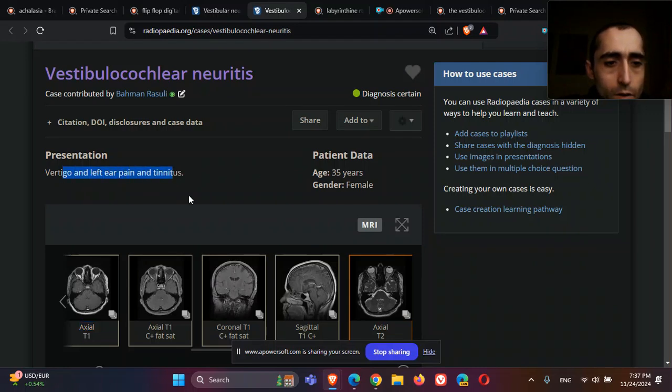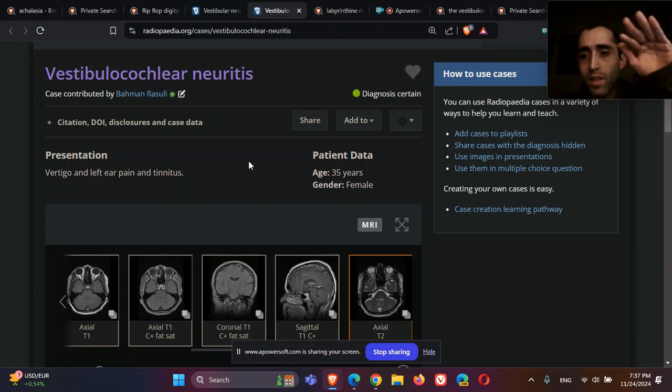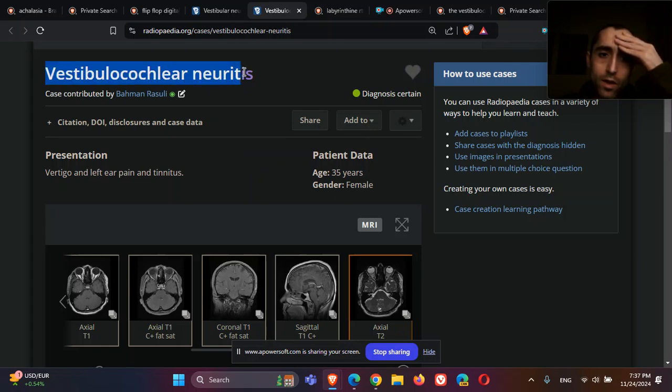Okay, this is vertigo in the left ear, pain and tinnitus. Remember that when you are saying vestibular neuritis, it can usually be distinguished from labyrinthitis if only the vestibular part is affected.